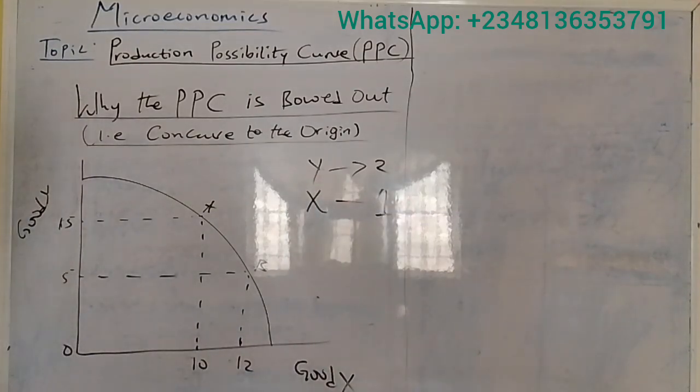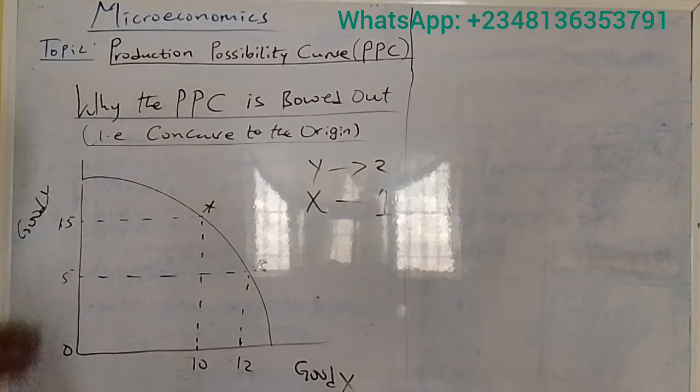Because of that, there will be efficiency loss when the country tries to reallocate the resources from production of one good to another. And this scenario is what is known as increasing opportunity cost.